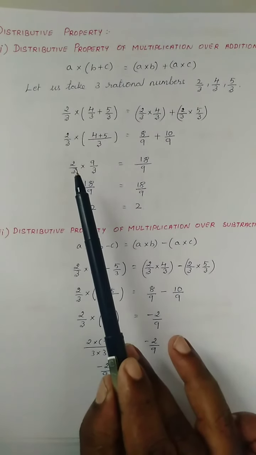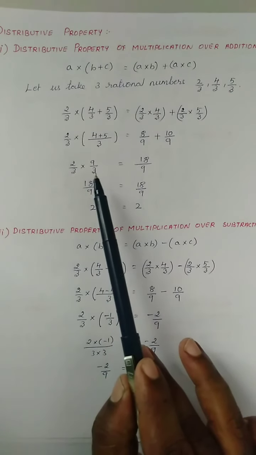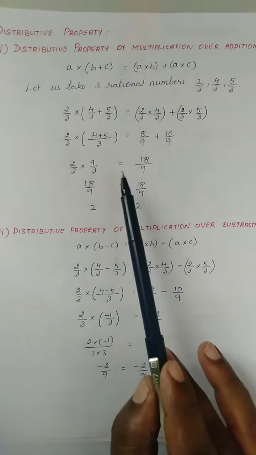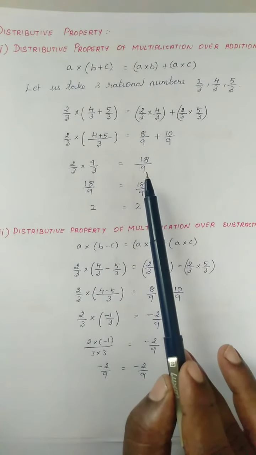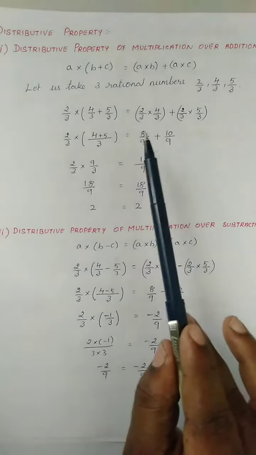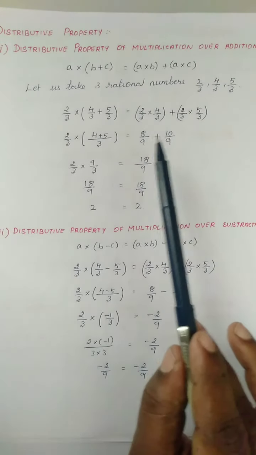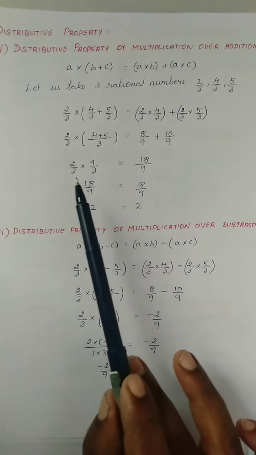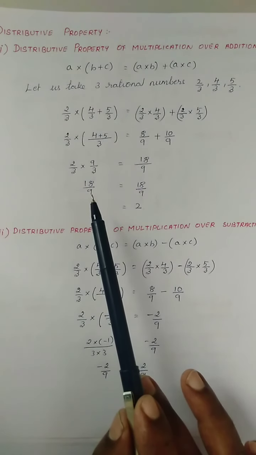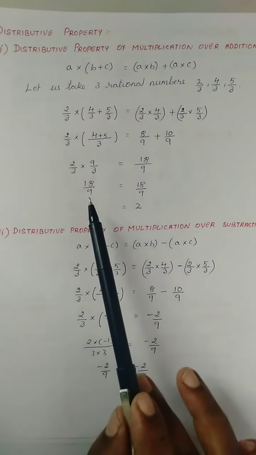Coming here, 2 by 3 into 9 by 3 will give you, since the denominators are same, write the same denominator and add the numerators. 8 plus 10 equals 18. In the left hand side, 2 9s are 18, 3 3s are 9.